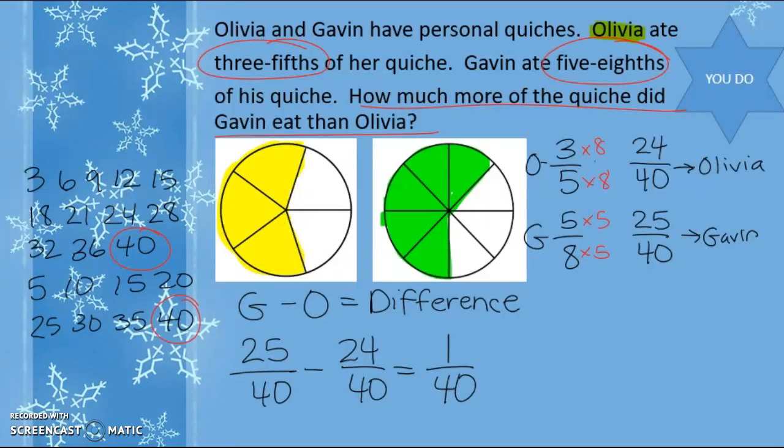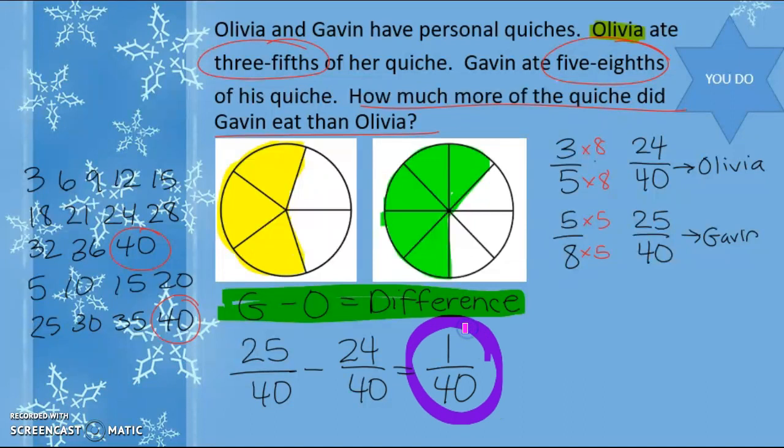Okay, take a moment and check your answers. You'll see here that we have Gavin and Olivia and their amounts. Notice our equation here. We need to subtract Olivia from Gavin so that we can find the difference. And the difference is 1/40.